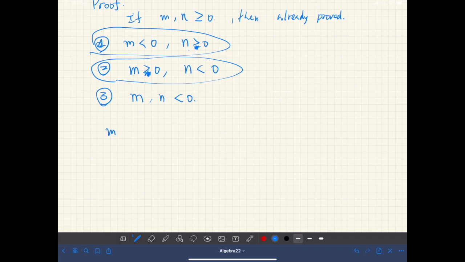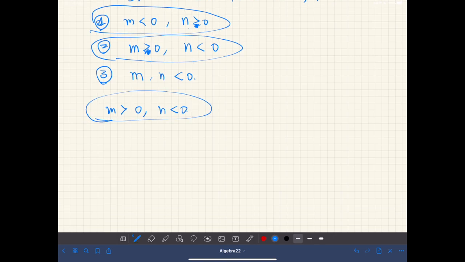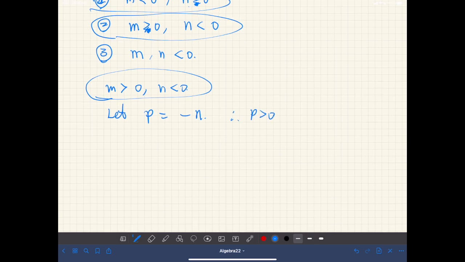So suppose m is positive and n is negative. Then let p equal negative n. So this means p is positive, right? So a to the power of m times a to the power of n is a to the power of m times a to the power of negative p.